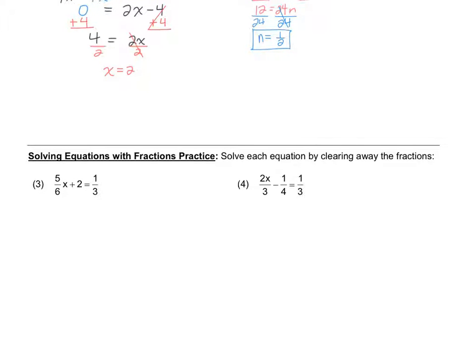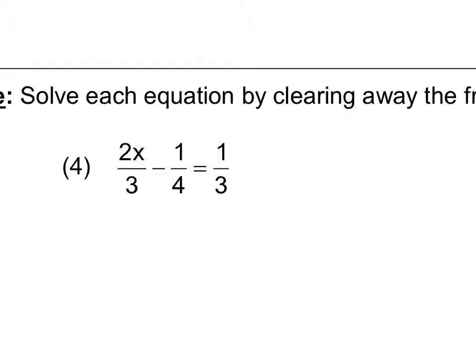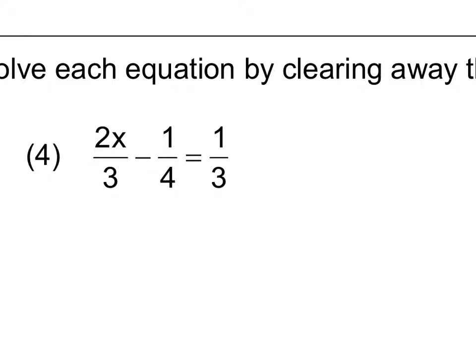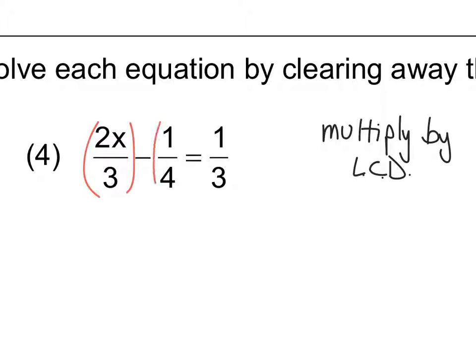You still have to clear out the denominator, but this time I want to multiply everything by 12, yeah. So multiply by your LCD. Each fraction gets multiplied by your LCD. So everything gets multiplied by 12.